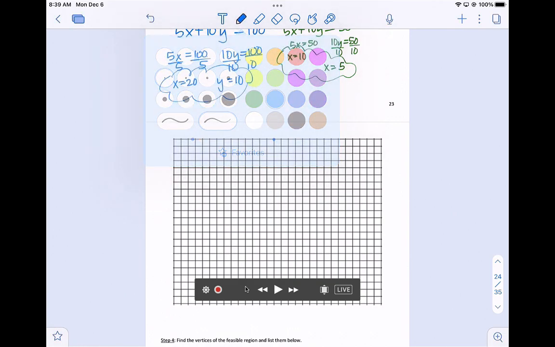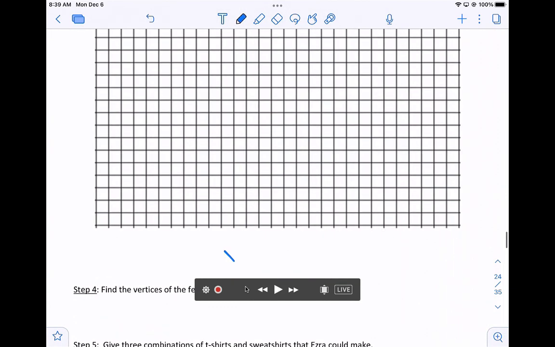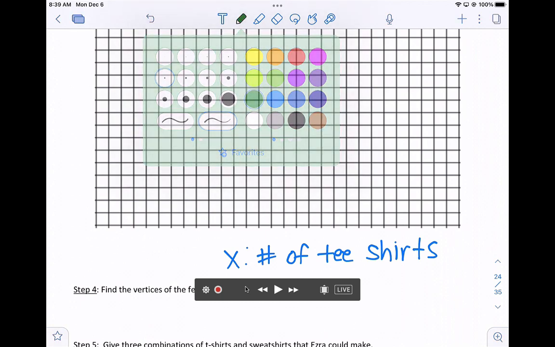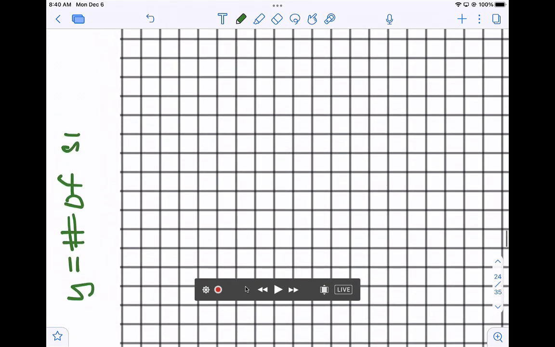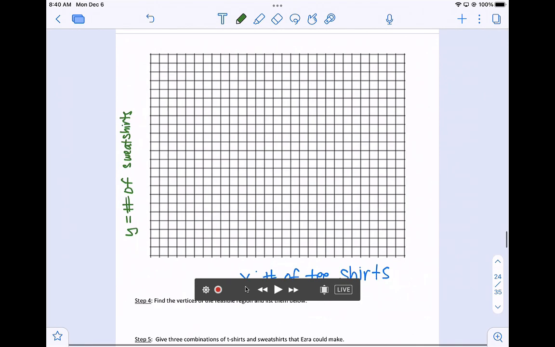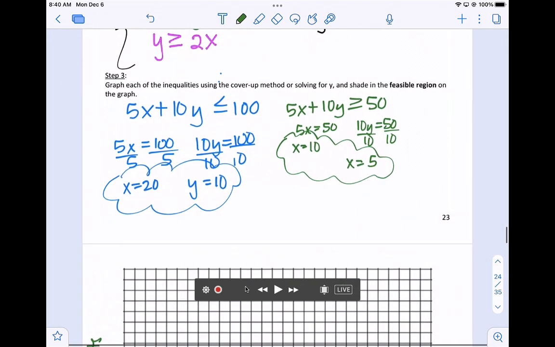So when we're looking at writing our graph, we have two variables. Again, we said x is the number of t-shirts, and y is the number of sweatshirts. Excuse me, so let's plug that in. When we scale our graph, let's take a look at what our numbers go up to.